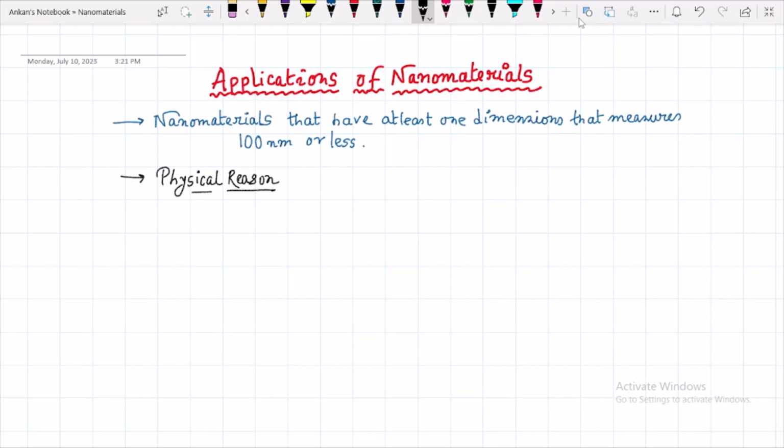The physical reason is attributed to the fact that nanomaterials have a large surface area to volume ratio.